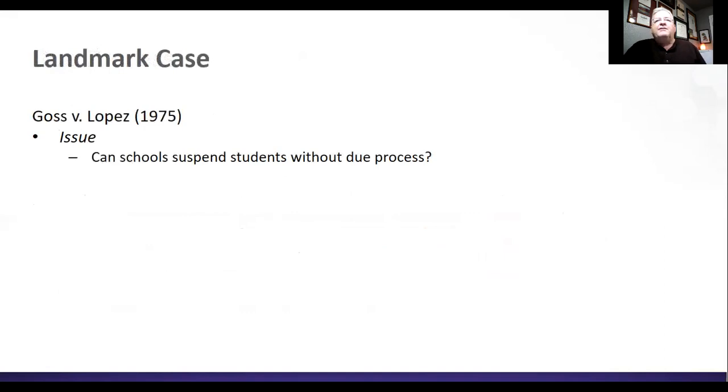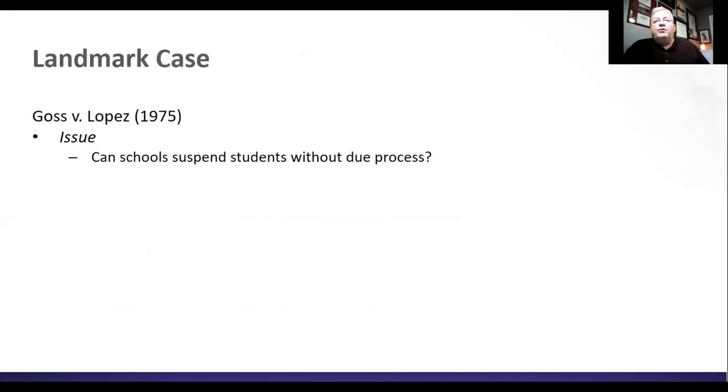So the landmark case for the due process issue happened in 1975. In 1975, several students, including Dwight Lopez, were suspended from a high school in Columbus, Ohio for 10 days for destroying school property and disrupting the learning environment. And Ohio's state law allowed the school principal to suspend the students for 10 days or to expel them. So the students were suspended.